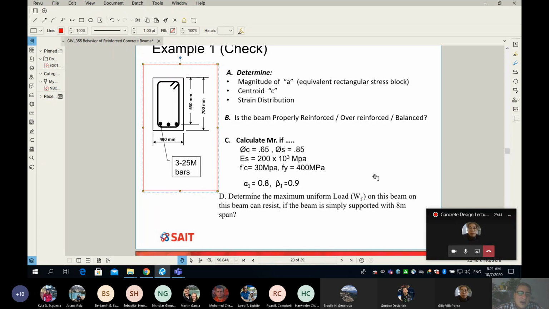The calculations are the only thing that will tell us whether our beam is properly reinforced or over reinforced or balanced. I'm going to take you through this exercise in a minute. But really, what I'm trying to say here is that in order for us to understand whether our beam is going to be properly or over reinforced or balanced, we have to calculate. Okay, are you following?